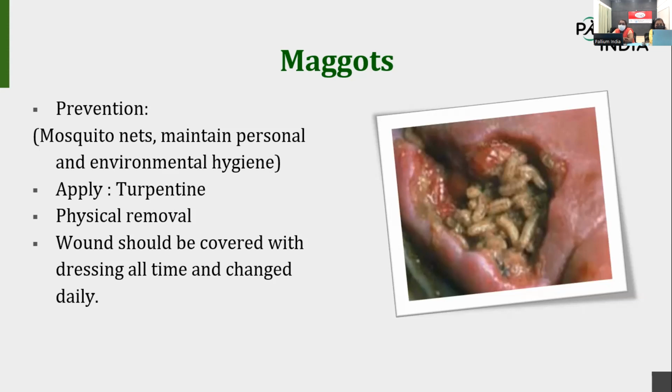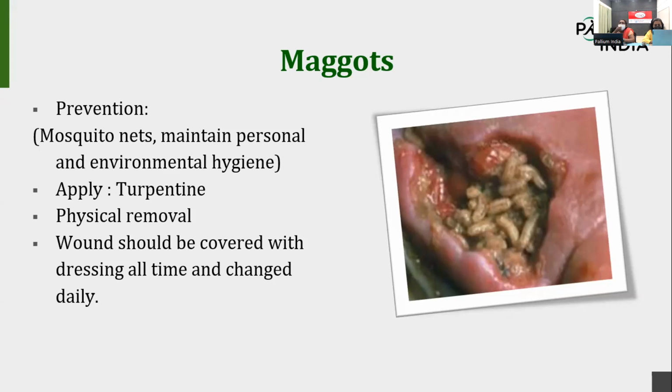We have to educate the patient and the caregivers about how to prevent maggots. Always cover the wounds with proper dressings. And if maggots are there, they can use turpentine oil. They should not pour it directly into the wound. They can soak the turpentine oil in a gauze piece and keep it close to the wound.